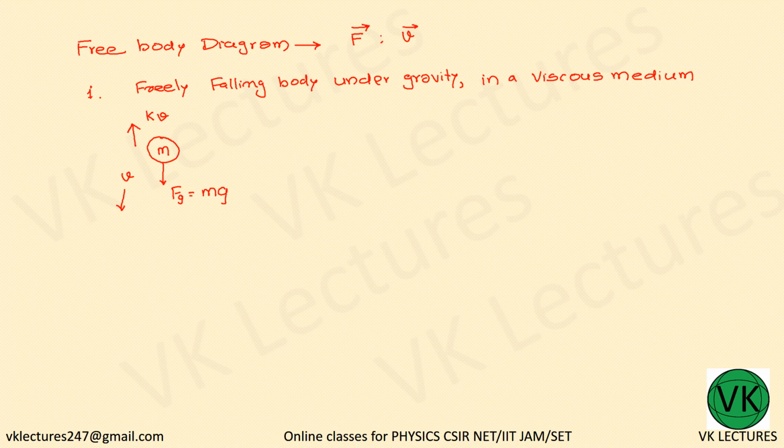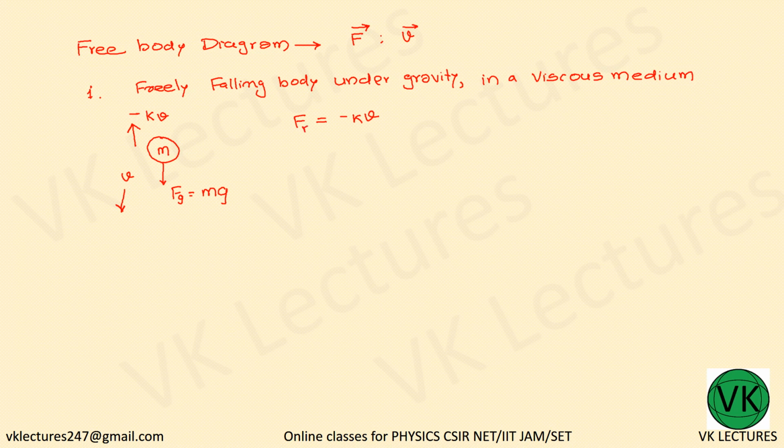Since the velocity is in the downward direction and the resistance force is in the opposite direction, we will put a negative sign indicating that it is against the velocity of the body. So F is equal to minus k times v. This is the resistance force Fr.